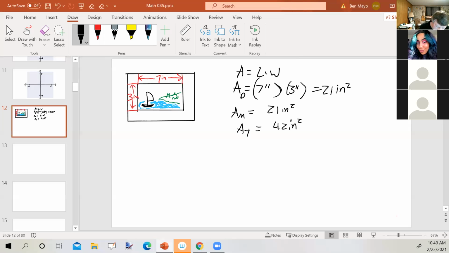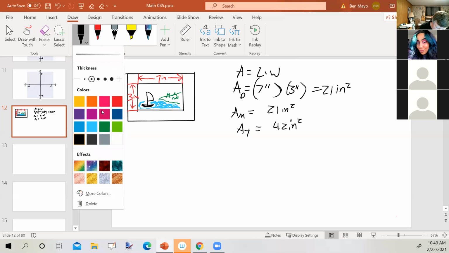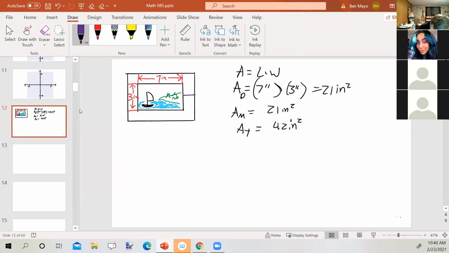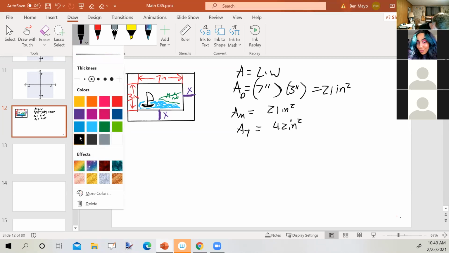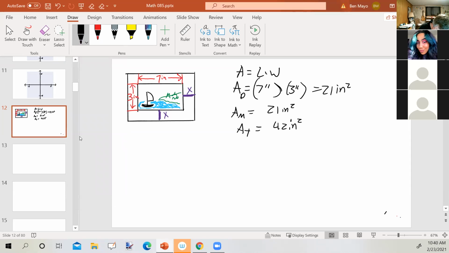Okay, now let's call that uniform distance x again. So that's x, and that's x. So that means this distance is x, this distance is x, and that's 7 inches.